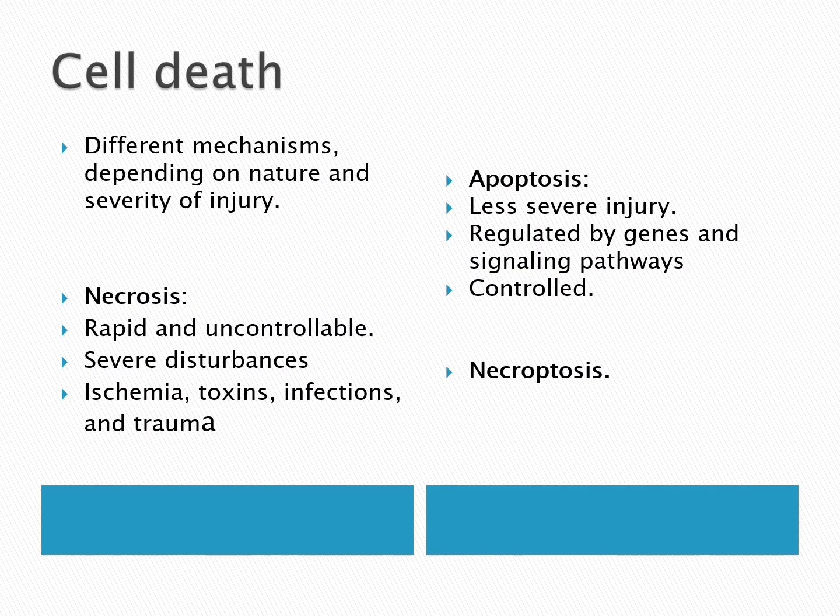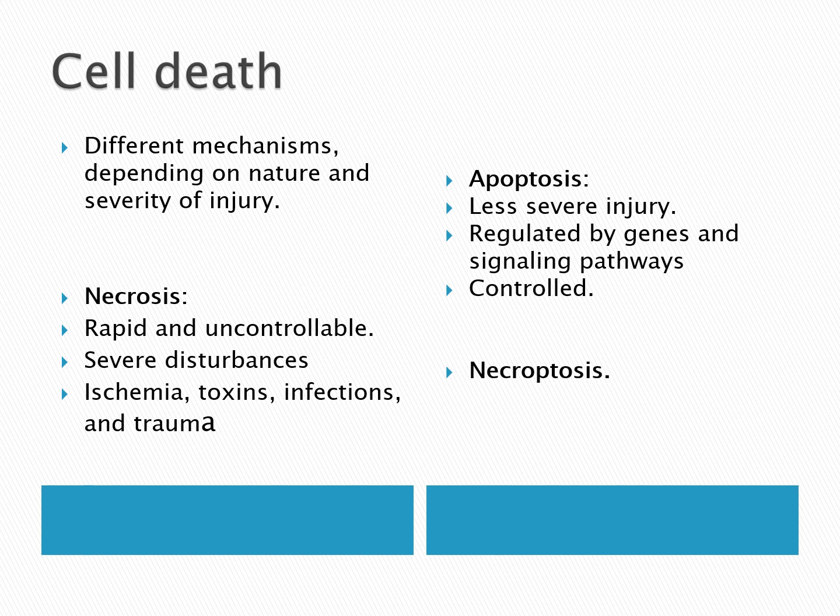So after discussing the two types of cell injury, reversible and irreversible, it is important to remind you again that cell death can happen in two different mechanisms depending on the nature and the severity of the injury. We have the necrosis type of cell death and the apoptosis type of cell death.